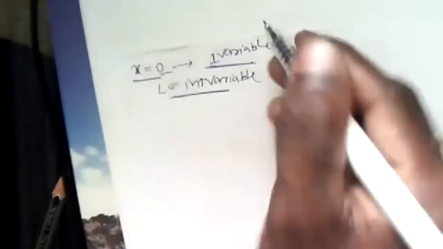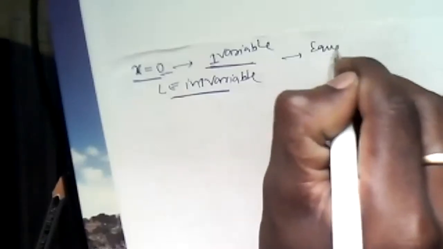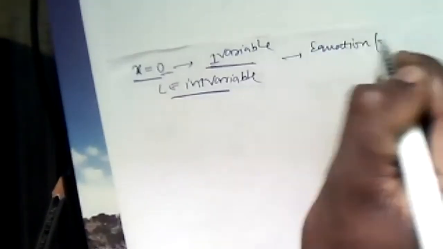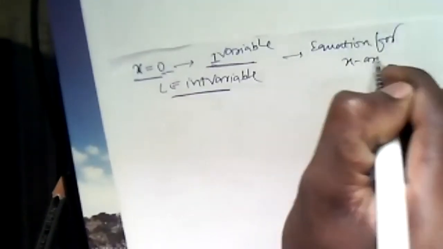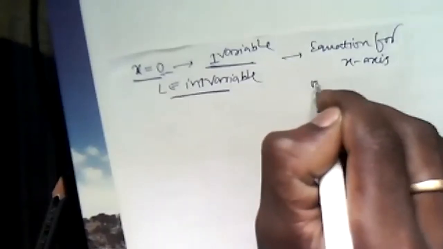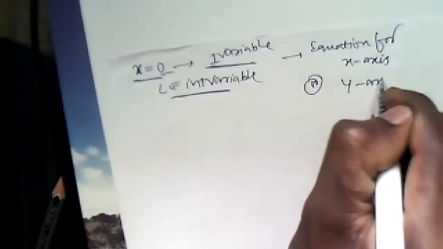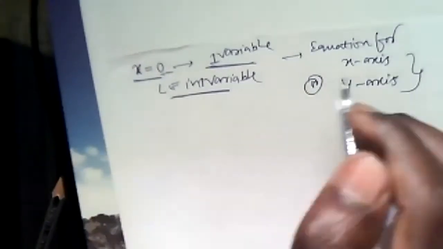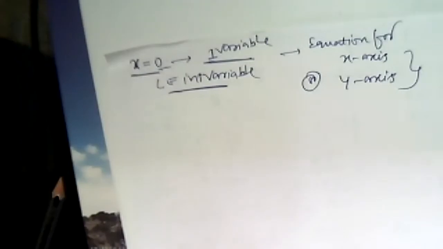Therefore, is x is equal to 0 the equation for the x-axis or the y-axis? Which one is right?